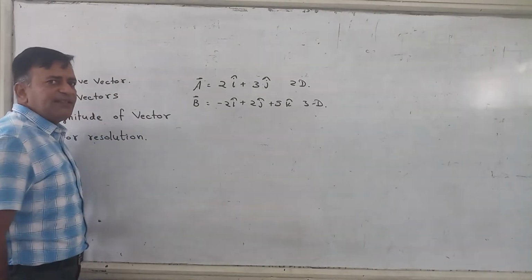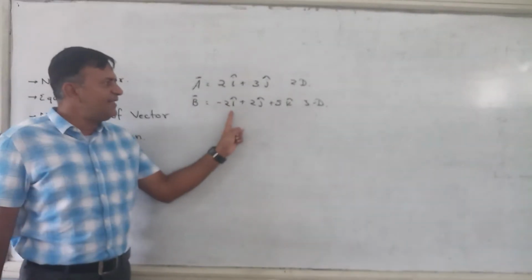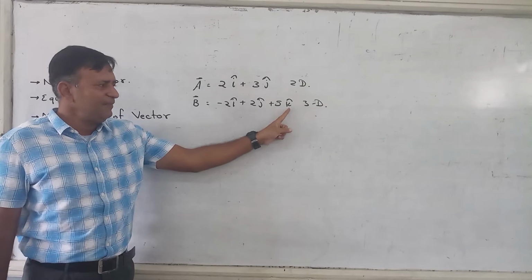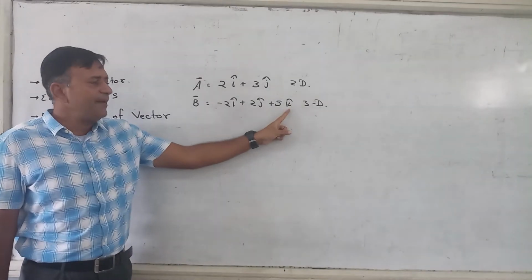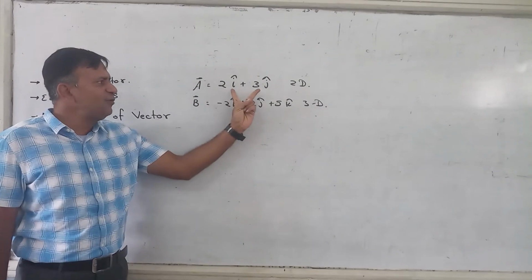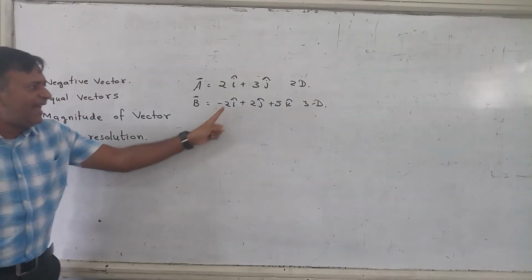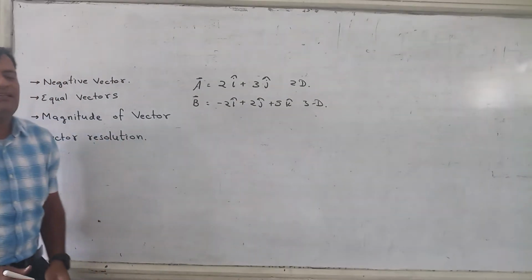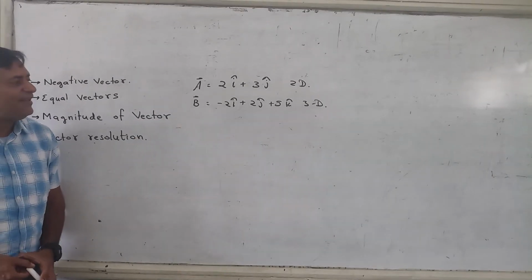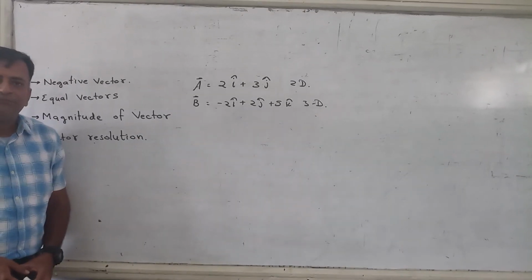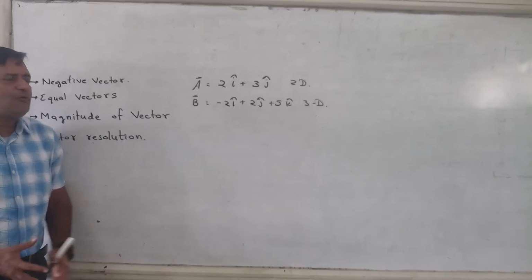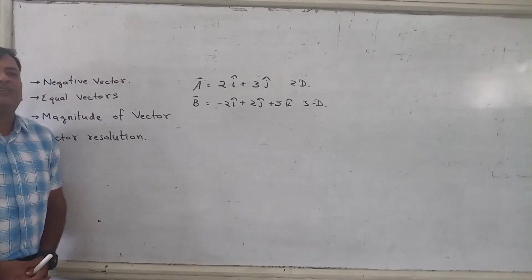This is a 3D vector because it involves the x-axis, y-axis, and z-axis. If a vector has two different components of direction, it is a 2D vector. If it has three different components of direction, it becomes a 3D vector. Got it? But now how to find the magnitude of this vector?